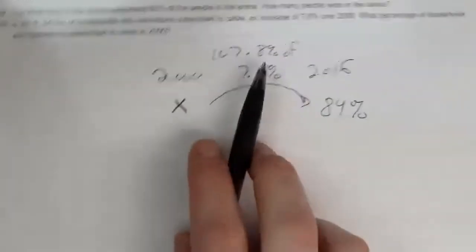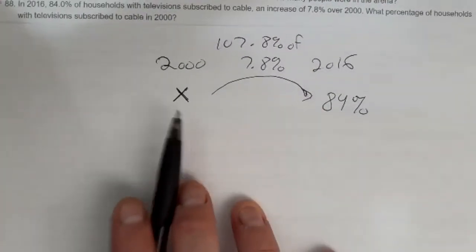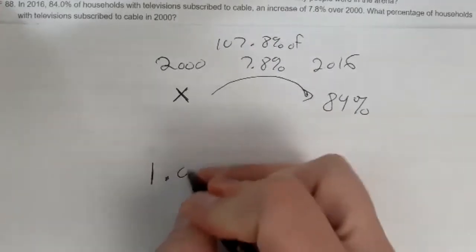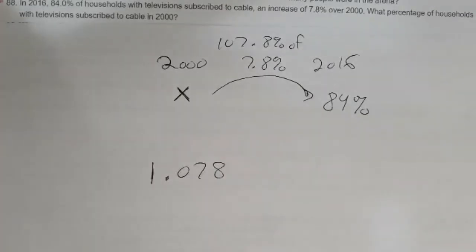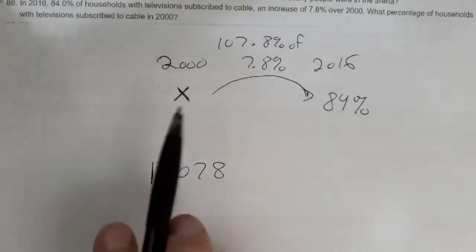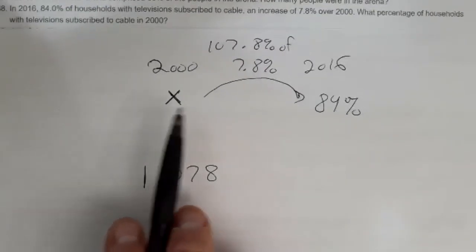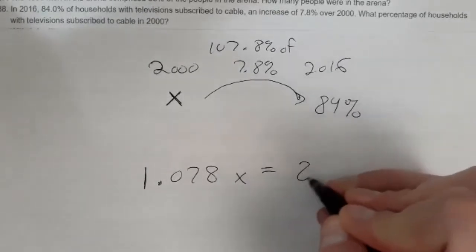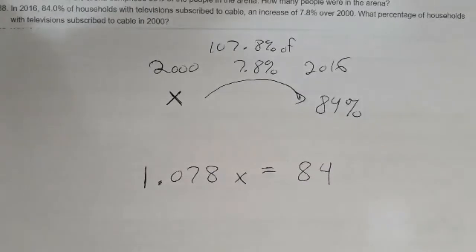It's 107.8% of which thing? This thing. This is the thing we don't have, right? And then this is going to be equal to 84. So we're increasing this thing by 107.8% to get to here, is what this is telling me.